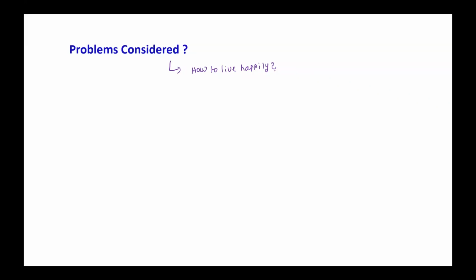While writing an algorithm, we consider problems that have some specific steps to solve them. It should not be something that works in an infinite loop or doesn't have any definite solution. We don't consider these problems. Even take how to live happily.